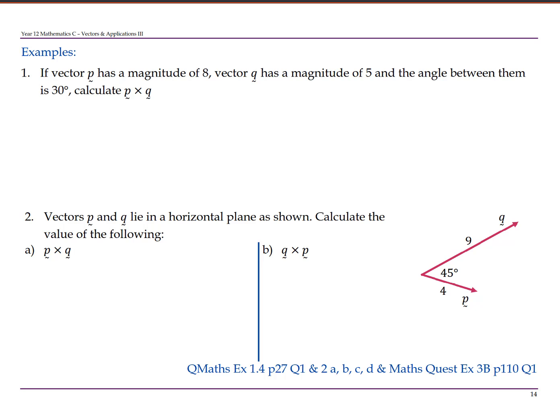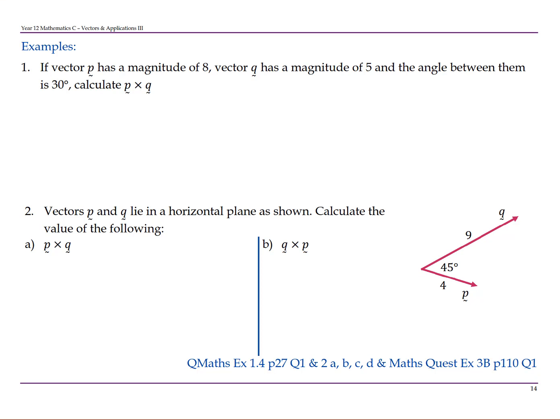So if I look at a couple of examples, the first one says if vector P has a magnitude of 8 and vector Q has a magnitude of 5, and the angle between them is 30, calculate P cross Q. So my formula, P cross Q, is going to be the magnitude of P times the magnitude of Q, sine theta, and our norm.